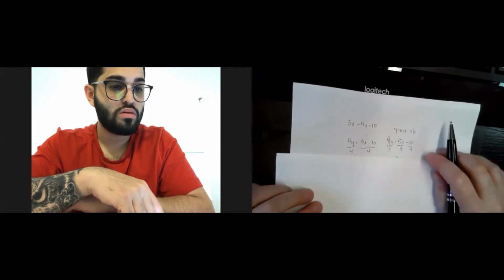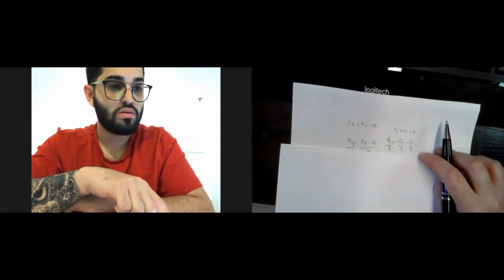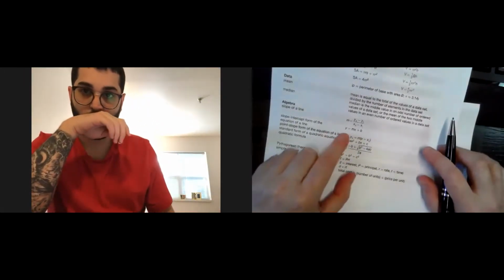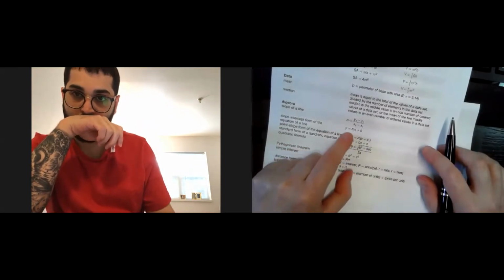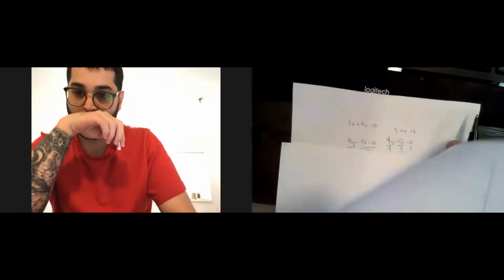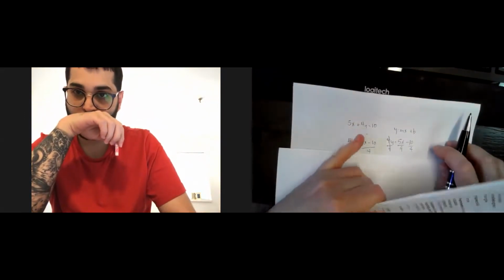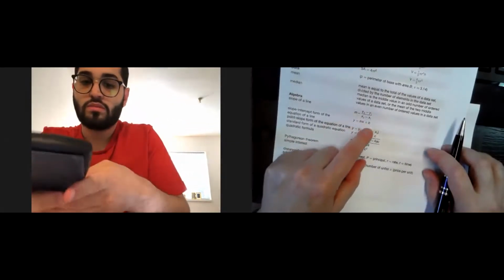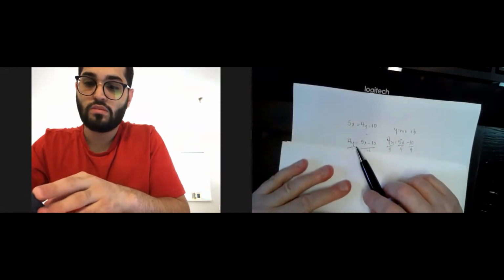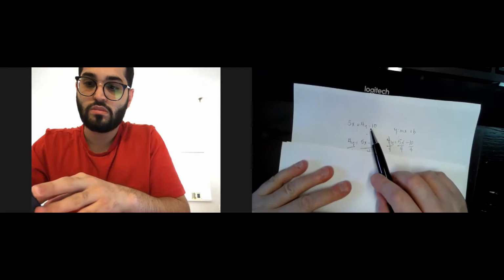And I believe on your sheet, which will be connected to your test, you don't have to memorize this because it's on the form. If they give you an equation like this, you just need to make it match this. So move the y over. So 4y equals 5x minus 10.